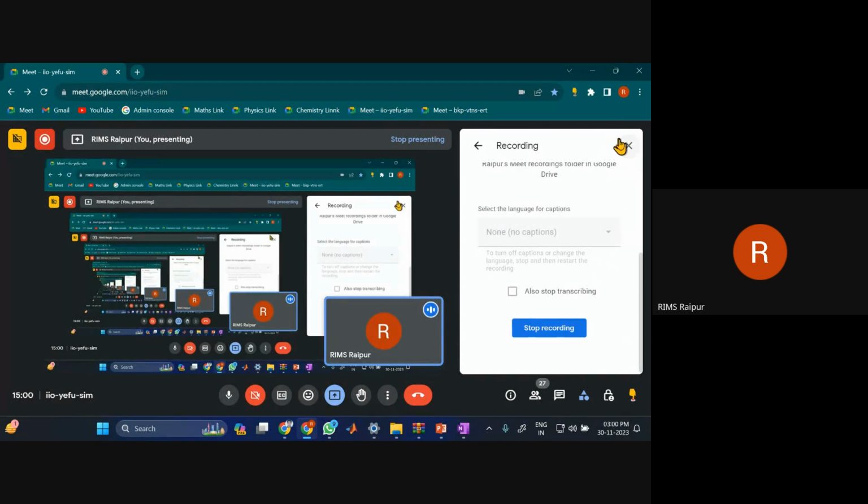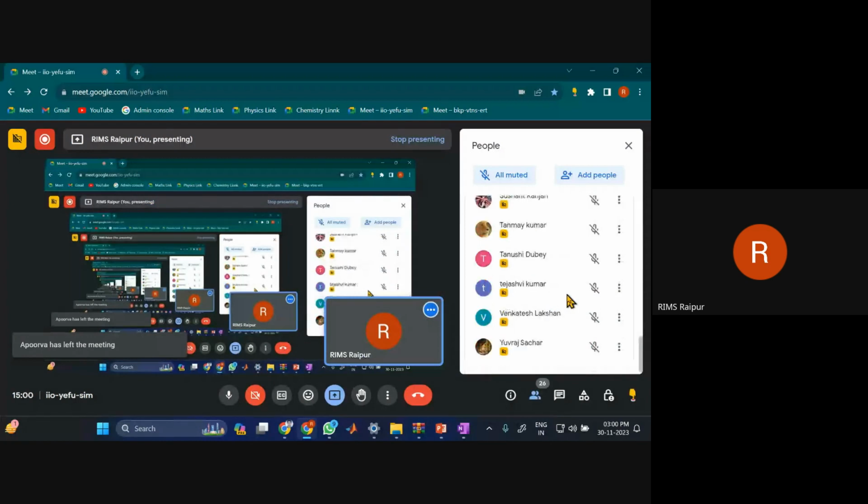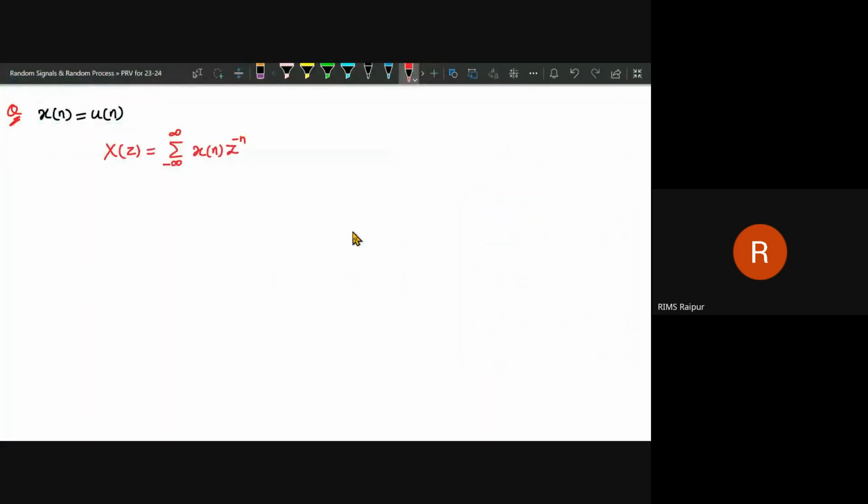The Z transform of that expression? Yes, if anyone got the answer, please let me know so that we can further move to another problem also.